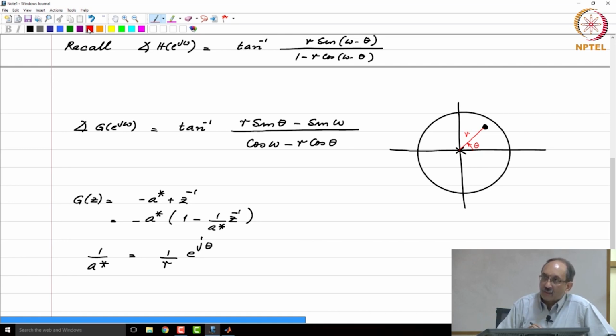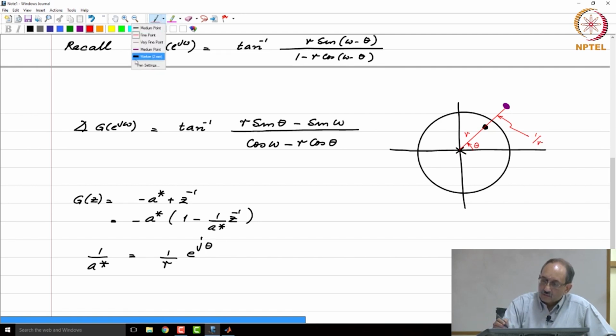That is, it is exactly at the same angle, but the 0 location instead of being at r, it is at 1 over r. Therefore, I have the 0 here. Therefore, this radius is 1 over r, clearly it is at the same angle.